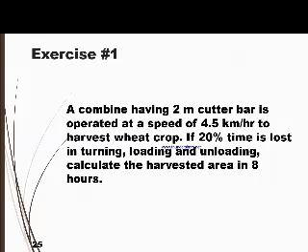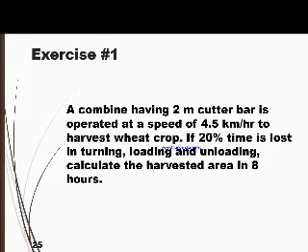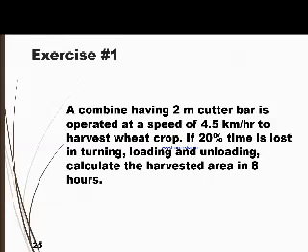Alright, as an exercise, a combine having 2 meters cutter bar is operated at speed of 4.5 kilometers per hour to harvest wheat crop, in this case wheat, gandum. If 10% lag time is lost in turning, loading and unloading, calculate the harvested area in 8 hours. So we want to calculate how large the area can be completed in 8 hours, considering with 20% time loss.